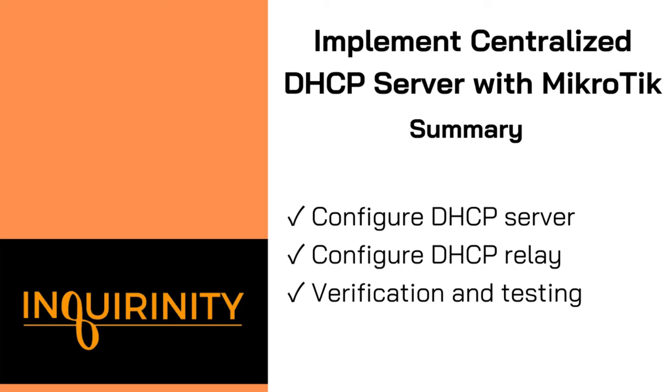As a summary, we have configured a DHCP server only on our main router. Site routers are configured with DHCP relay configuration instead, so that internal clients in these site routers are able to obtain IP address from the main router that is really the sole DHCP server in our demonstration topology. Thank you for viewing.